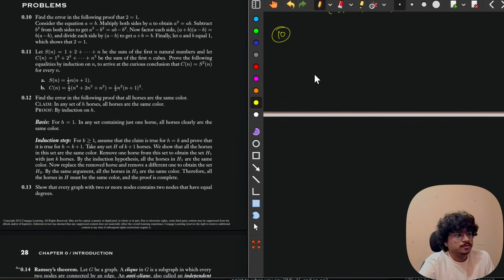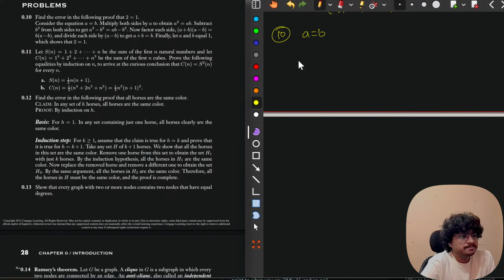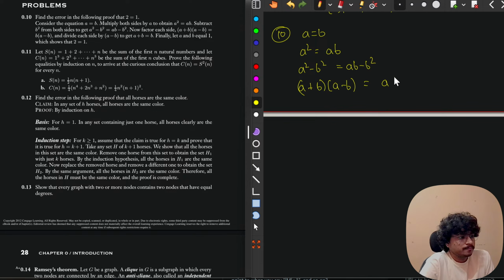Consider the equation A equals B. Multiply both sides by A to obtain A square equals AB. Subtract B square from both sides. Now factor each side.